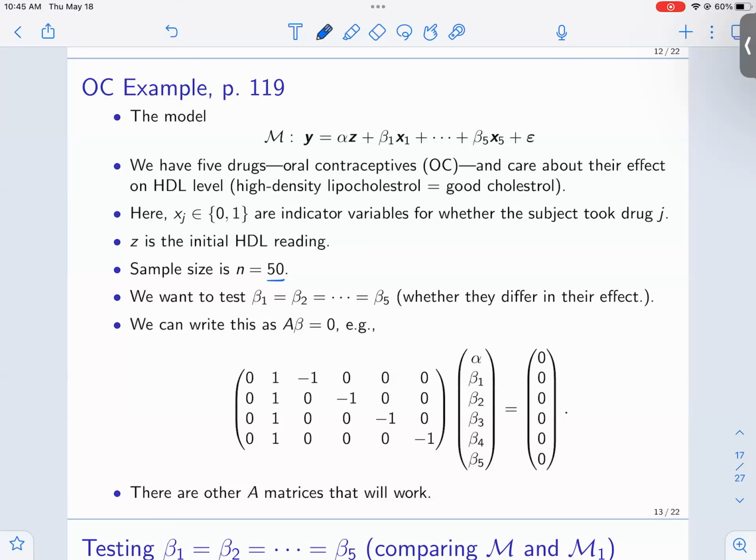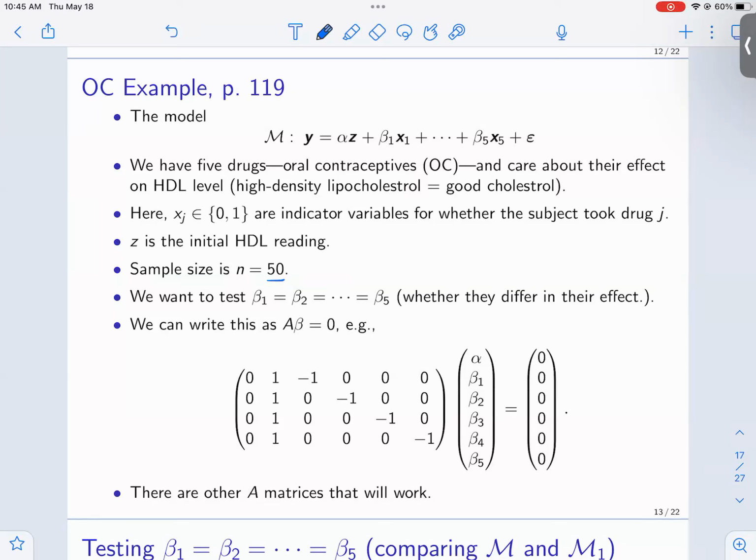If the HDL went up a lot, that's good. If it didn't change much, or went down, it's bad. You can see there are 5 different groups, and for each group this difference could be different. So the drugs could have a different effect.